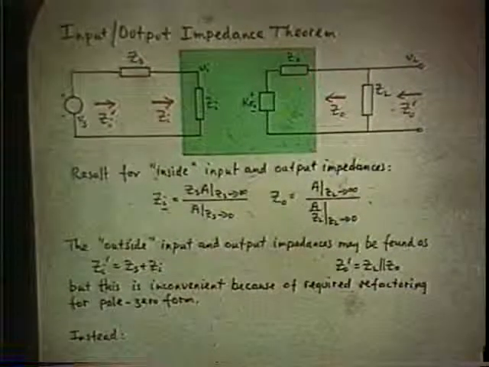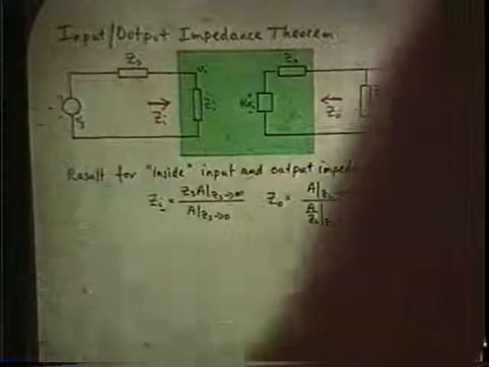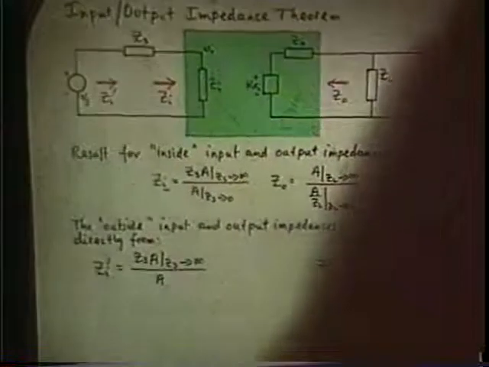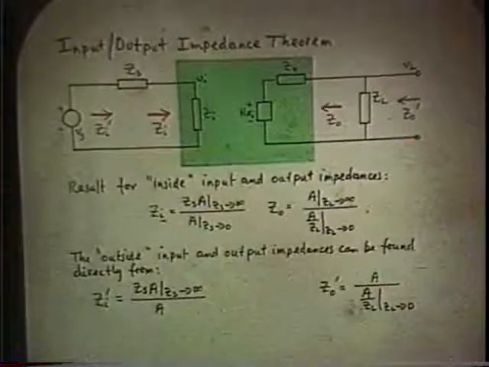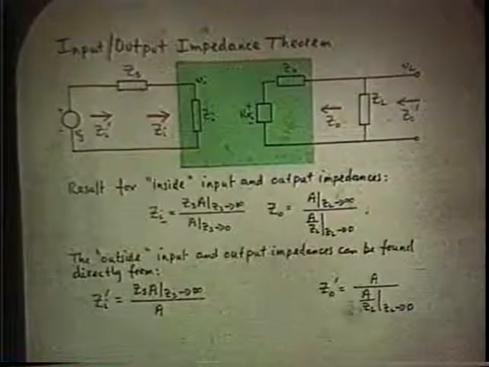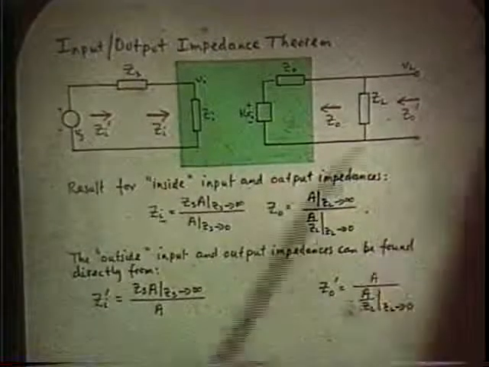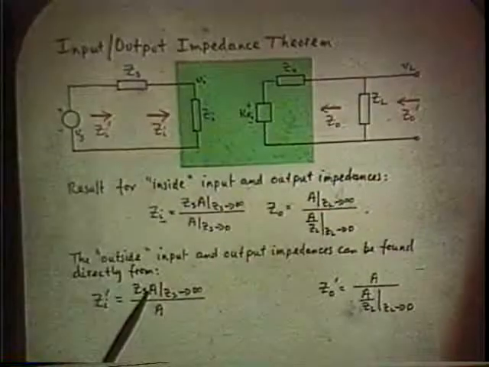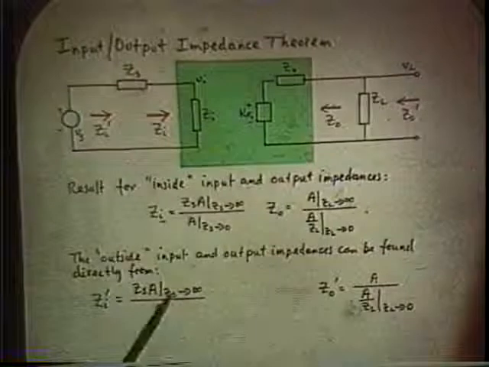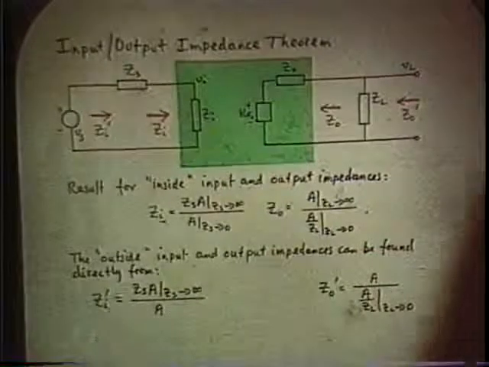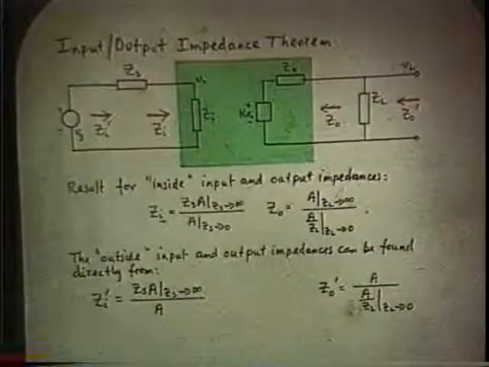And you can bypass that also, because a modified version of the theorem allows you to arrive at the outside values directly. By working on the A, which is in factored pole zero form, you take the limits factor by factor, and you automatically get the two answers in factored pole zero form.